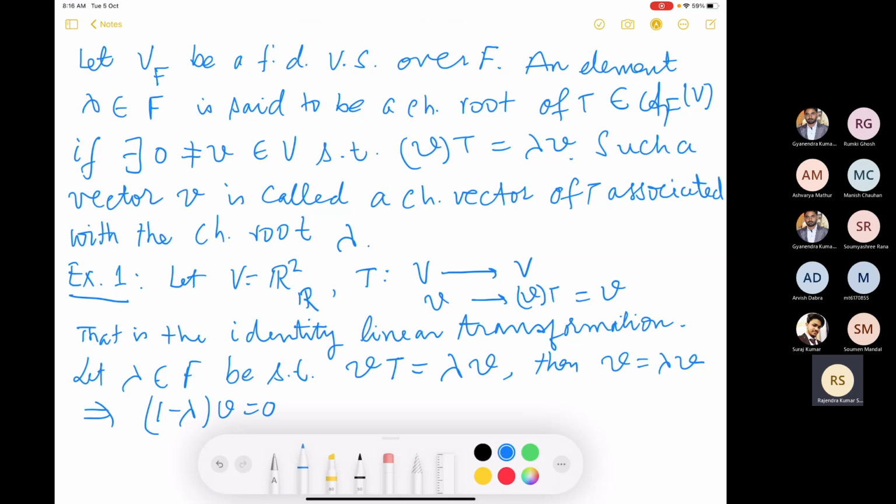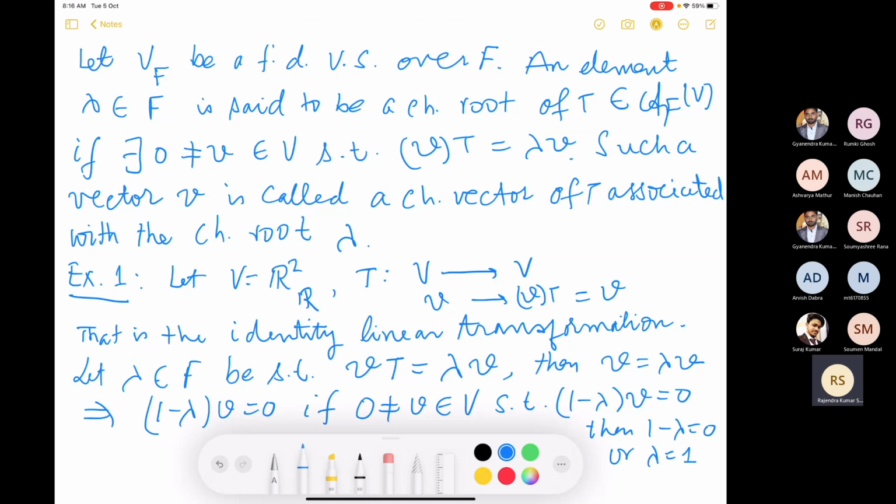So if there is a non-zero vector V in V such that (1 minus lambda)V is 0, then we know 1 minus lambda has to be 0, or that lambda is equal to 1.